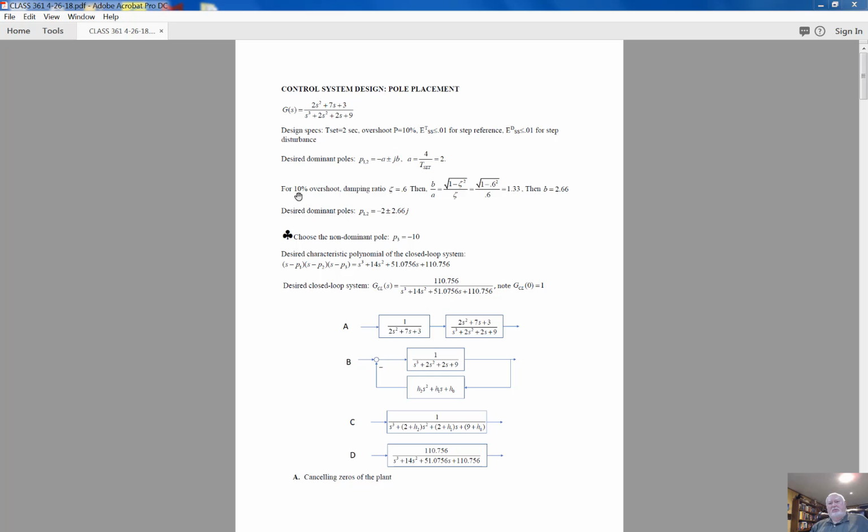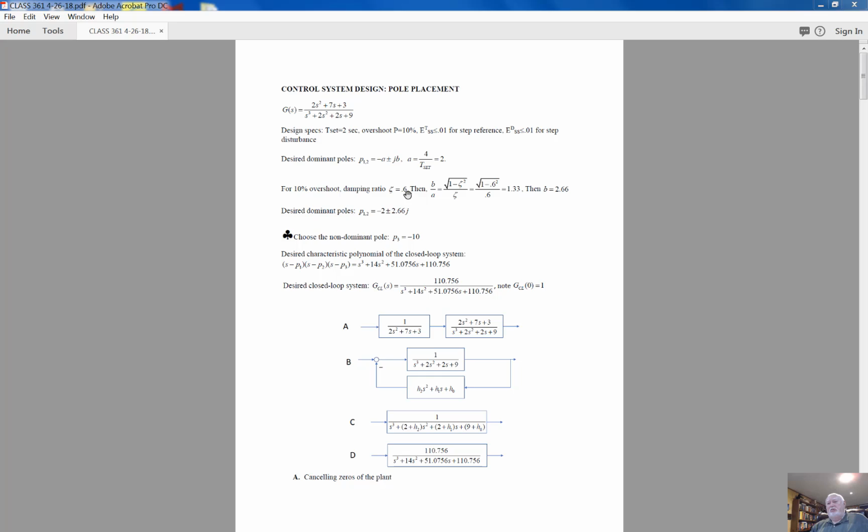Now, for 10% overshoot, if you remember properties of the second order system, we should be able to define the damping ratio. There is a formula, but most students do not remember this formula. As a matter of fact, I don't remember this formula.